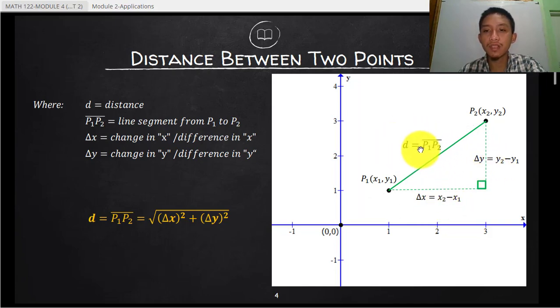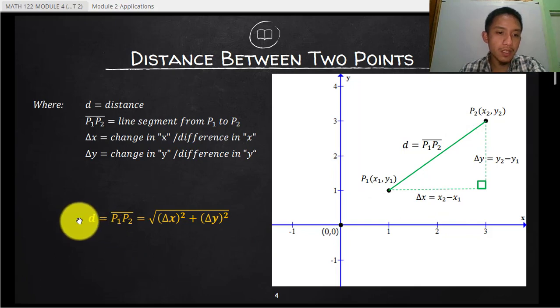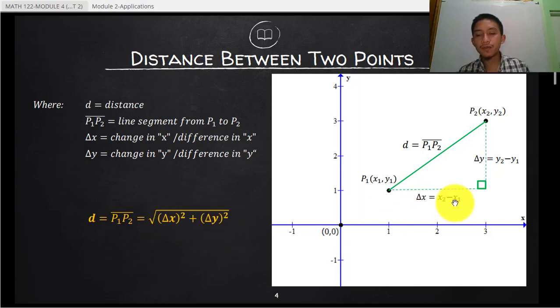So I need that one, so get the square root of both sides. Therefore you will end up with the distance, or the length of your line segment, being the square root of the square of delta x plus the square of delta y. Do not forget delta x and delta y are x2 minus x1 and y2 minus y1.